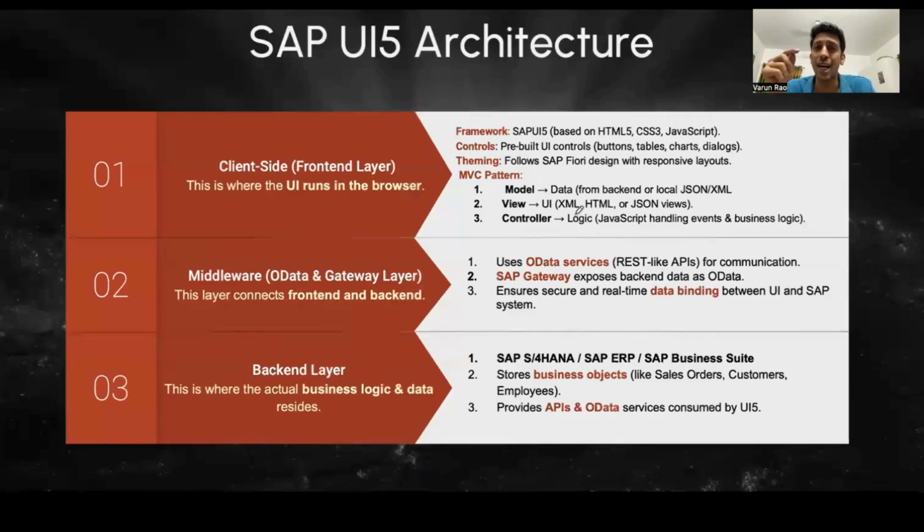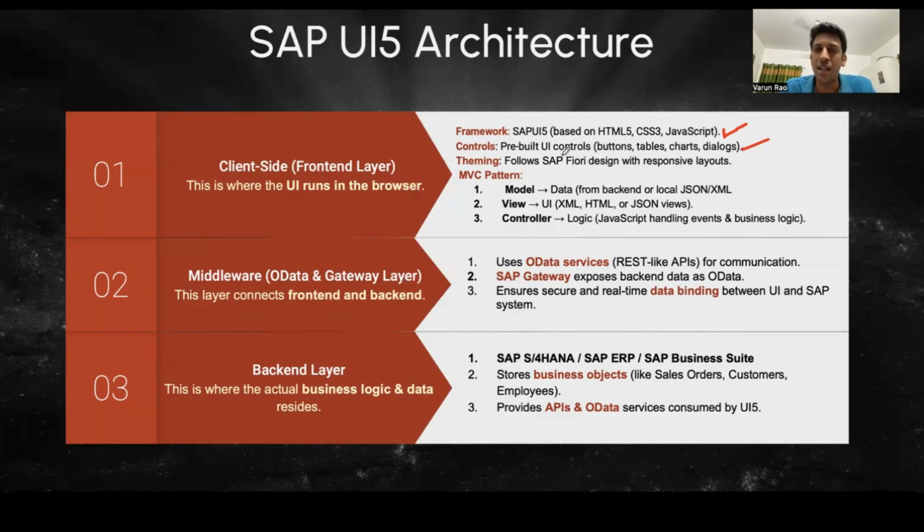Now, when we talk of architecture, you might have a few questions from this in an interview. Firstly, the framework is SAP UI5, which is based on HTML, CSS, and JavaScript. Talking of the controls, you have a plethora of controls, probably many more than you can think of. They're all pre-built. You just have to be able to use them.